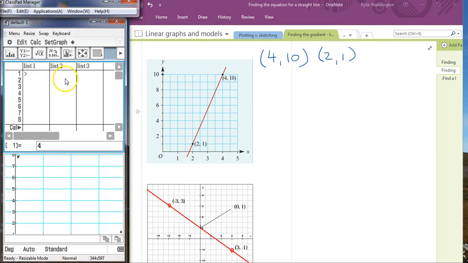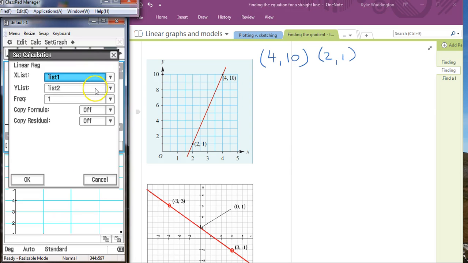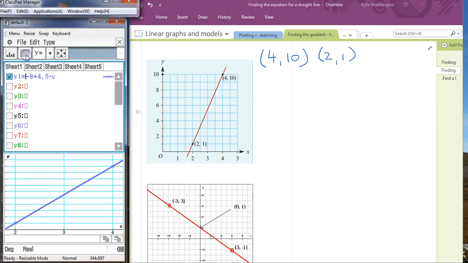And again, it doesn't matter what order you put them in, the calculator will work it out, as long as your coordinates are together, you've got your x and your y. Again, we're going to go to regression, linear regression, list 1, list 2, turn on the formula, hit OK, OK, and then go into the y1, y2, and there is our equation there.